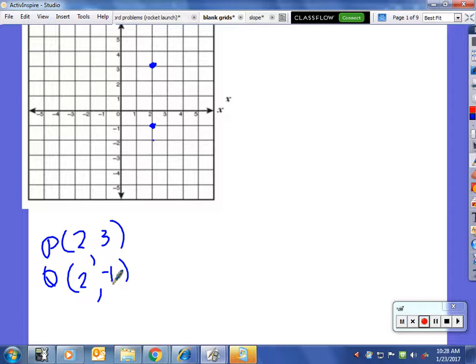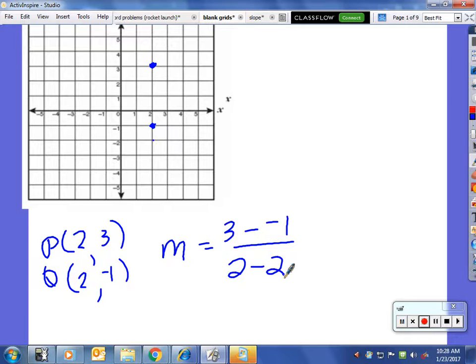All I have is my brain and my knowledge of how to find slope, which is y minus y over x minus x. So, I look at those 2 points. I set up my slope. Tell me how I would set up the slope for this one. 3 minus negative 1. Over 2 minus 2.